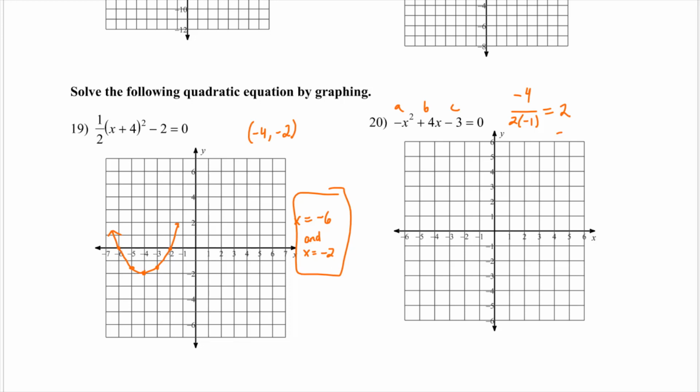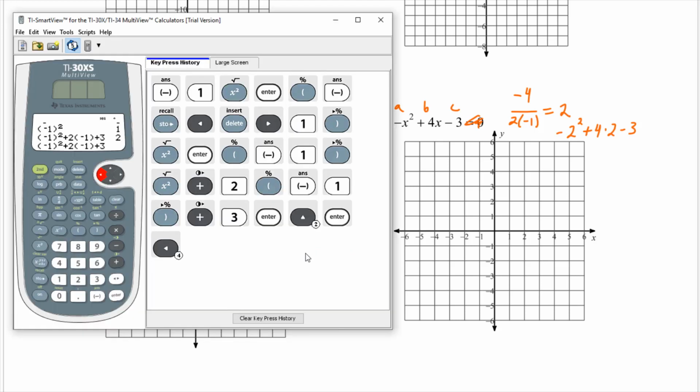I was wondering if this happened anywhere, and so I guess I'm glad that it did, to make sure that we talk about this. I do need to plug 2 in. I'm going to ignore the equals 0 for now because I'm trying to graph this. When I plug in 2 and I'm being asked to square it and then make it negative, that is that situation on our calculator that I was talking about earlier. Let's say enter there. Okay.